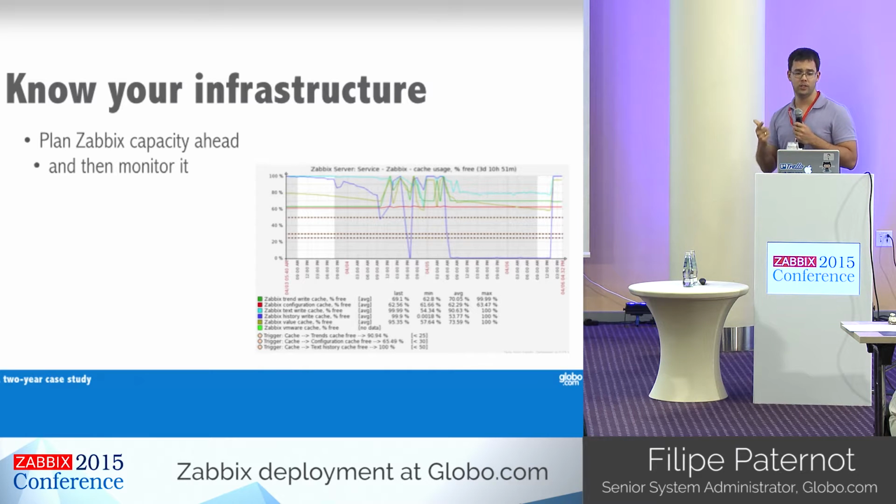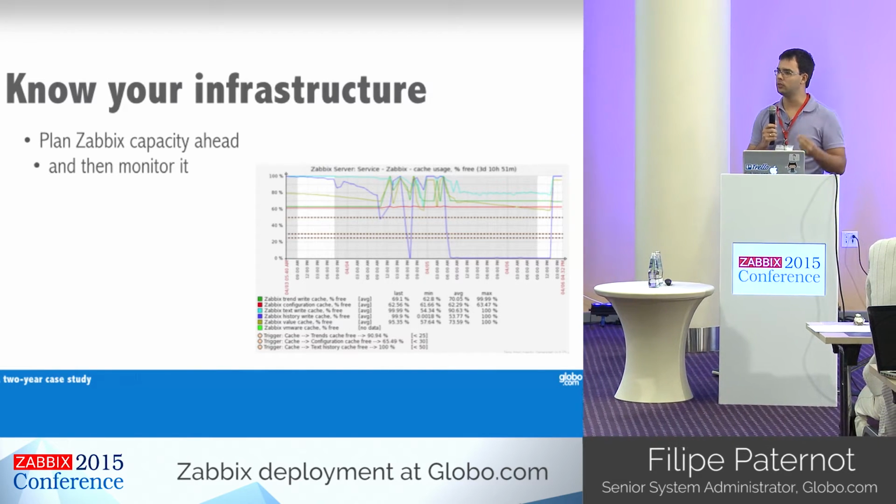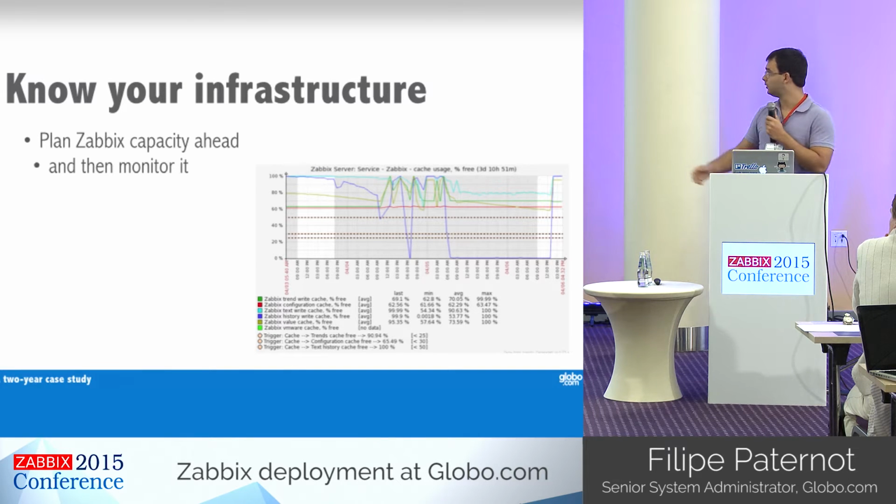Second thing, you need to know your infrastructure. We have seen in many documentations that Zabbix itself tells you to monitor your Zabbix, monitor your database, server, proxies, front-end, know how you are performing, know how fast you are delivering Zabbix content to your clients. It's easy to see; we had a little bit of a problem there with the database.